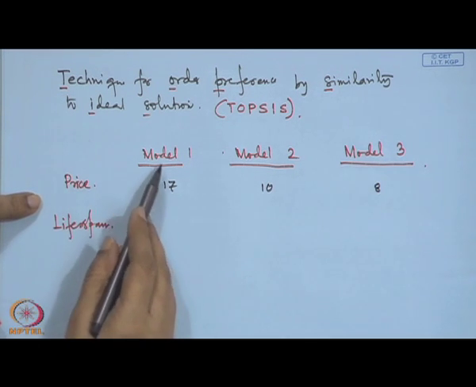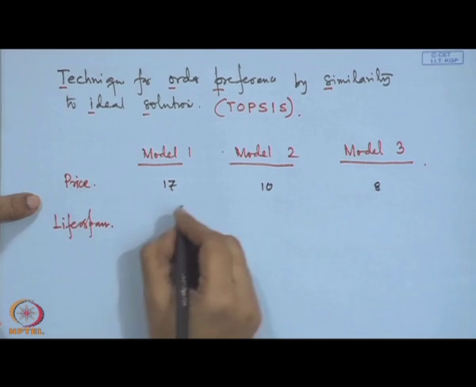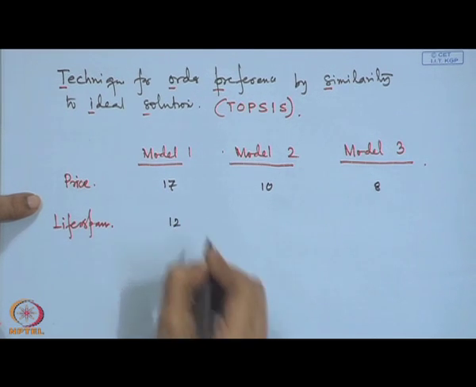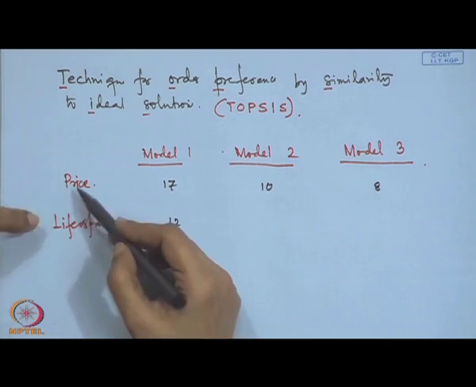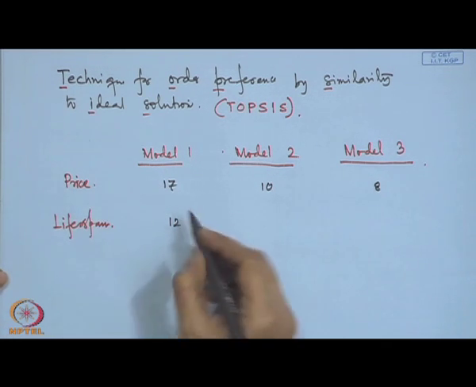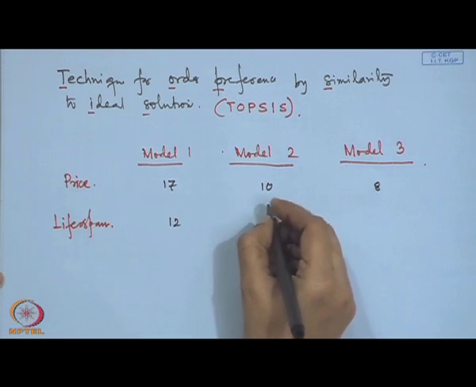But since the price of model 1 is very high, the lifespan is also very high. That is why there is a conflict between the attributes.